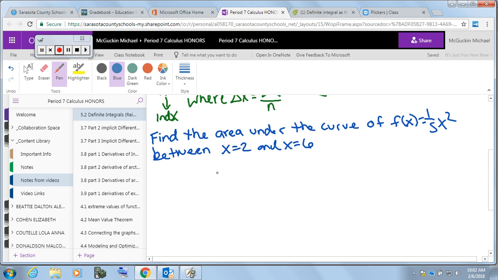So let's take a look here at an example. It says find the area under the curve of f of x equals 1/5 x squared between x equals 2 and x equals 6. Okay? So let's just start off this. At some point, we're going to get to a spot where we can simply solve or evaluate this integral without having to do any Riemann sums, all right?